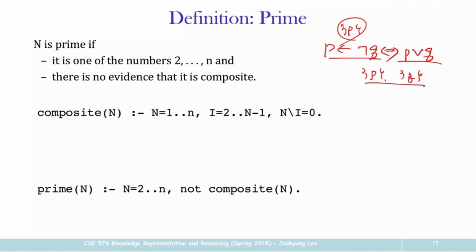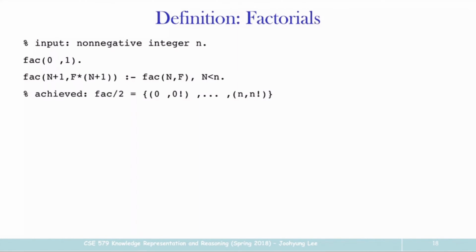All right, next one, factorial. So how do you find factorial? It's also a recursive definition. Fact of 0, 1 means the factorial of 0 is 1, and the factorial of n plus 1 is f times n plus 1. If you have the previous number, so the nth factorial is f, then the n plus 1 factorial is f times n plus 1.